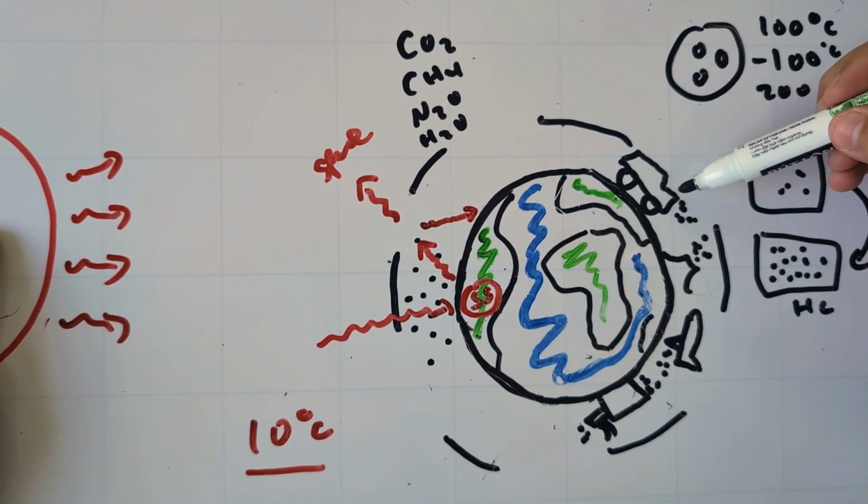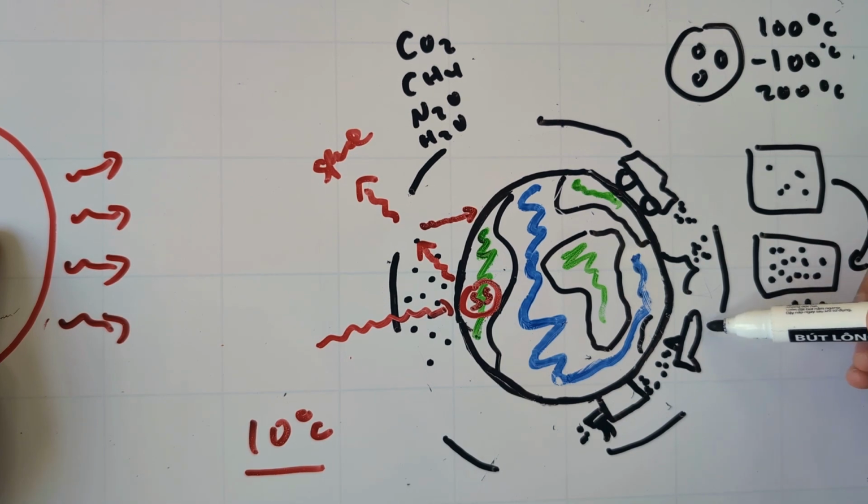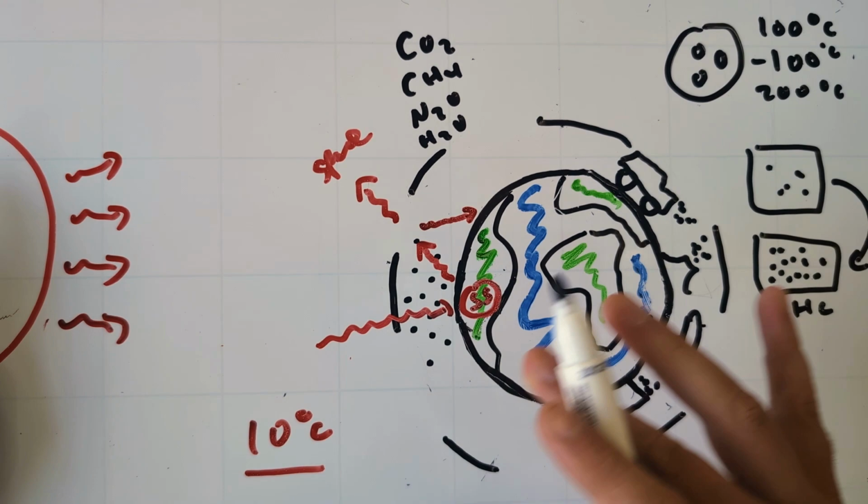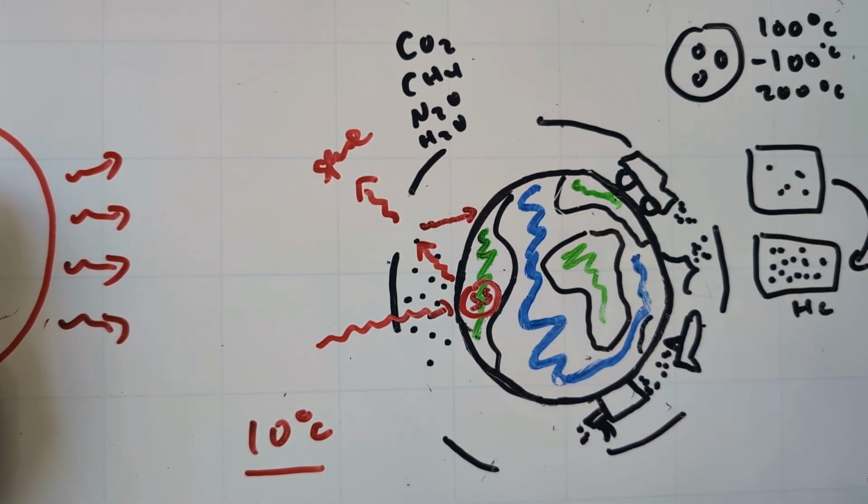So, burning fossil fuels, air travel, and our beef-based diet are all factors, but there are others that are increasing this concentration of greenhouse gases in our atmosphere.